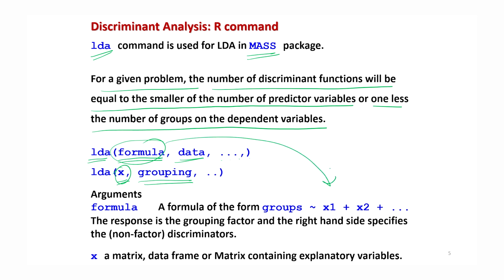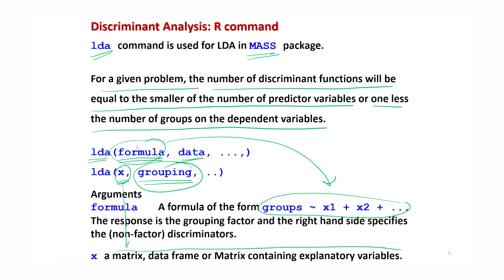If you remember the way we did it in multiple linear regression analysis, it will be something like groups tilde x1 plus x2 and so on. And the x here can be a matrix or data frame containing the explanatory variables, and then you will have to define a new variable, grouping.